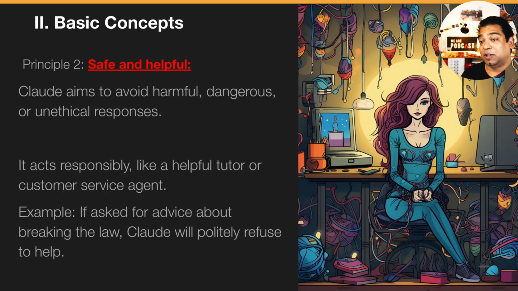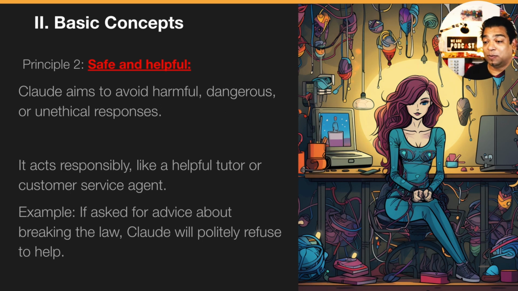The second principle is safe and helpful. Claude aims to avoid harmful, dangerous, or unethical responses. In fact, it's one of the things that they mention way too many times, that they really want this to be a harmless sort of artificial intelligence, and they aim to make sure that it does not respond with haphazard responses.